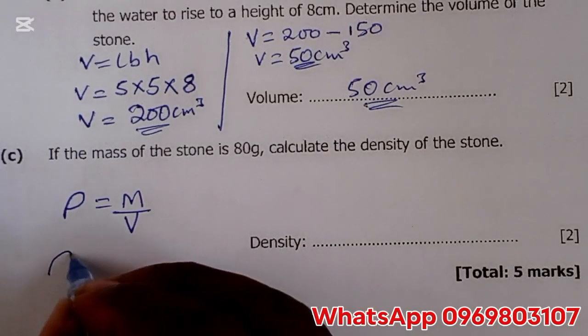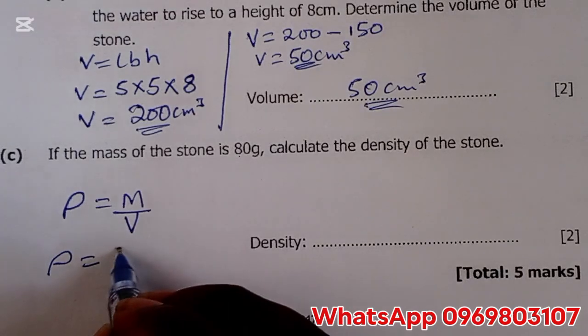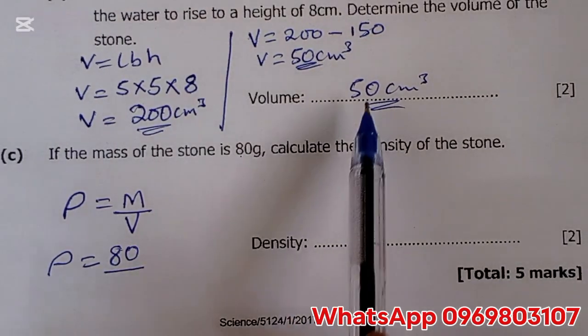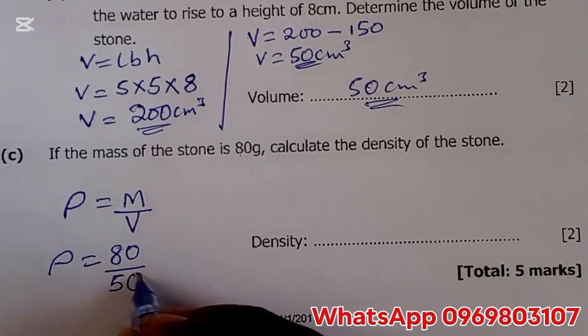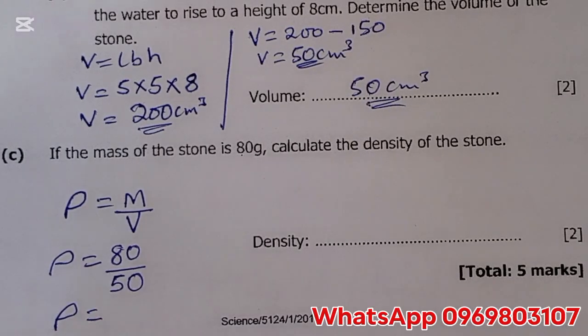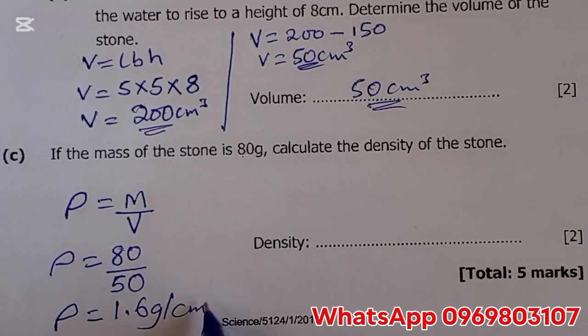Density of the stone is equal to the mass of the stone, 80 grams, divided by the volume of the stone, 50. So density of the stone is 80 divided by 50. We are going to have 1.6 grams per centimeter cubed.